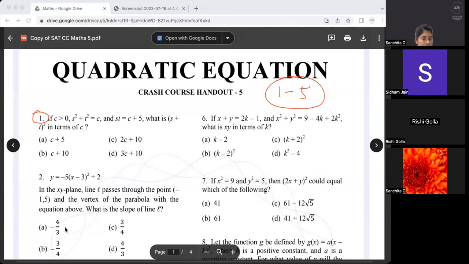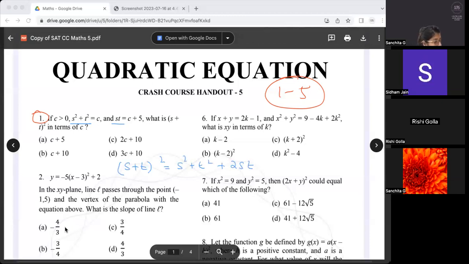Ma'am, got it. So (s plus t) whole square is equal to s square plus t square plus 2st. Over here, I have s square plus t square, and I have st, right? So what does my formula say? (s plus t) whole square is s square plus t square plus 2st.